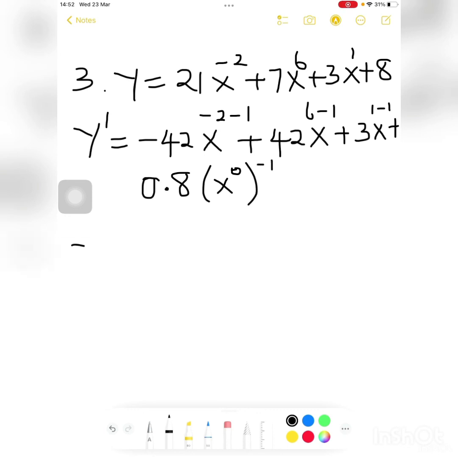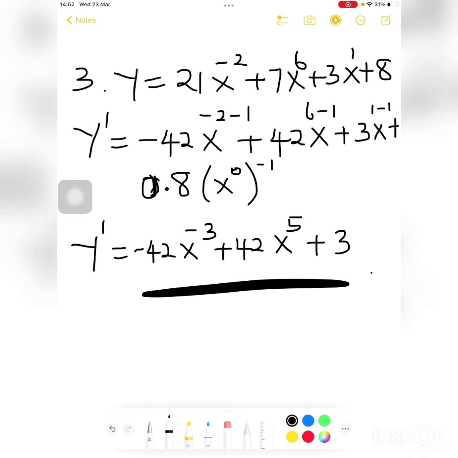Here y prime equals negative 42 x^(-3) plus 42 x^5 plus 3, since 1 minus 1 is 0, we have x^0, and anything raised to power 0 is 1, so we remain with 3. The last term is 0 multiplied by 8, which is 0, and if you multiply everything by 0, it remains 0. Now our answer becomes that.